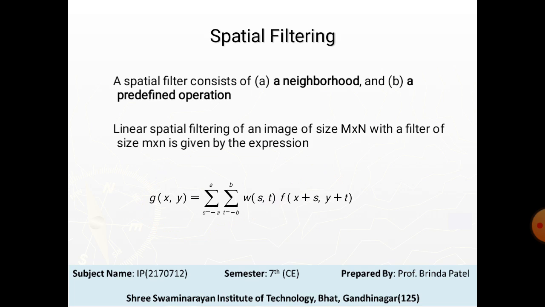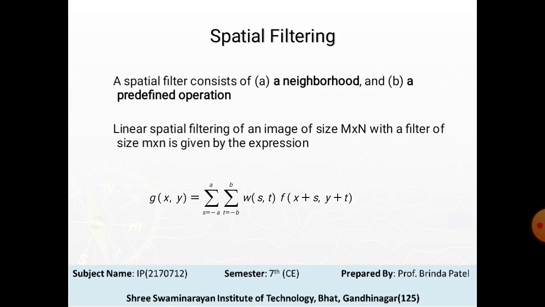Here, from the previous paragraph, a equals (m minus 1) divided by 2 and b equals (n minus 1) divided by 2. To generate the complete filtered image, this equation must be applied for x equals 0, 1, 2, up to M minus 1 and y equals 0, 1, 2, up to N minus 1.